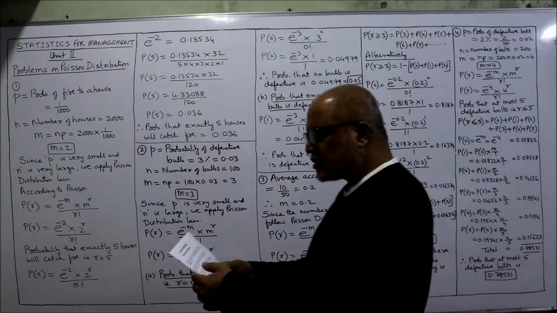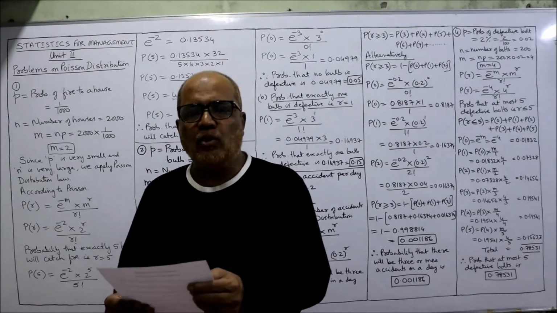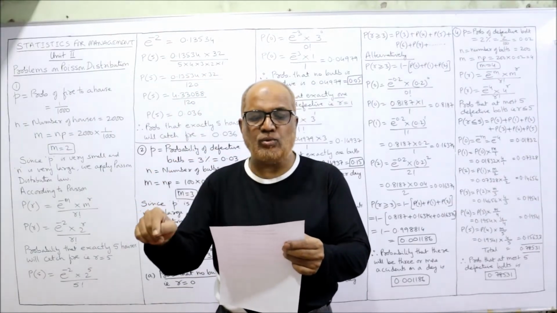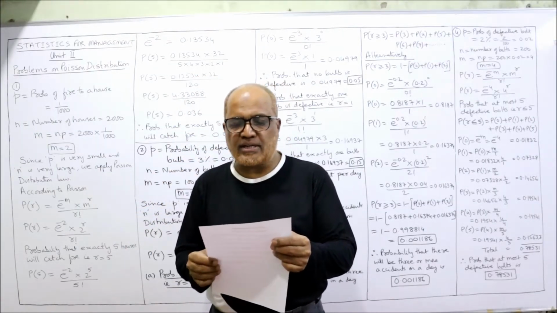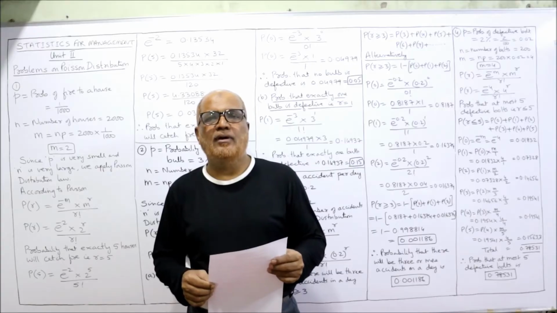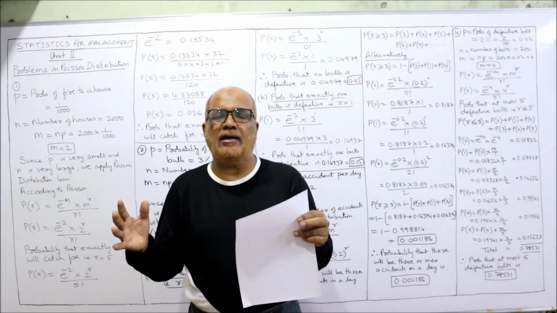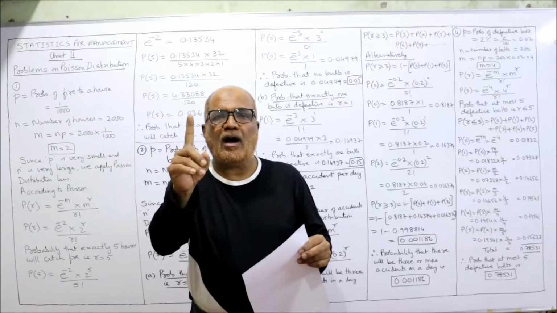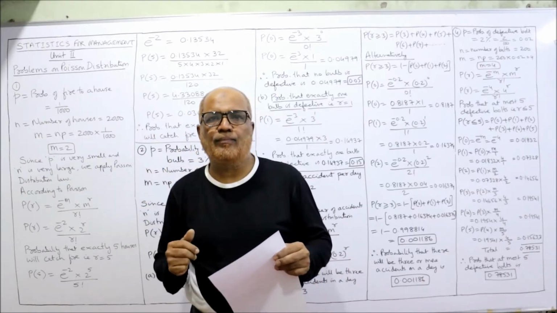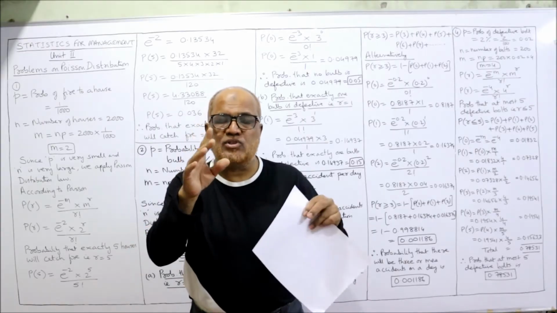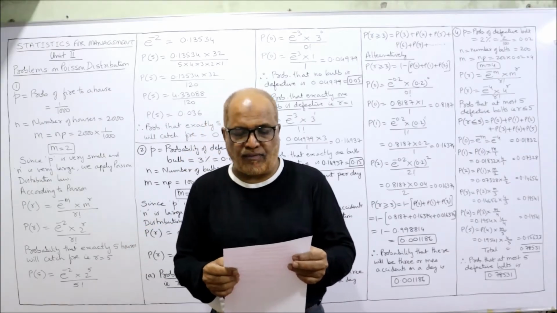Now, see the first problem. Suppose on an average, one house in 1000 in a certain district has a fire during the year. That means out of 1000 houses in a locality, there's a chance of one house catching fire.